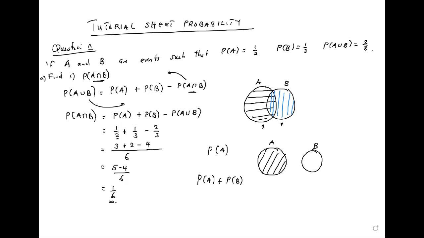Let's do it in color. Like this. Then they say find probability of A union B. If these guys were like this, they do not intersect anywhere. The probability here would have been probability of A plus probability of B. So you're adding the probabilities of the terms of A and the terms of B.